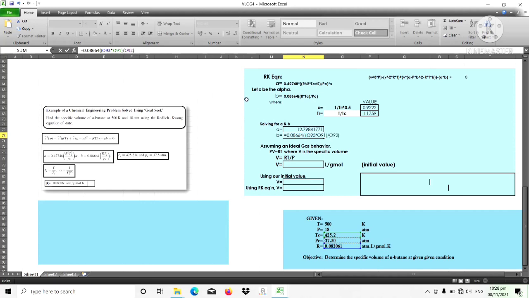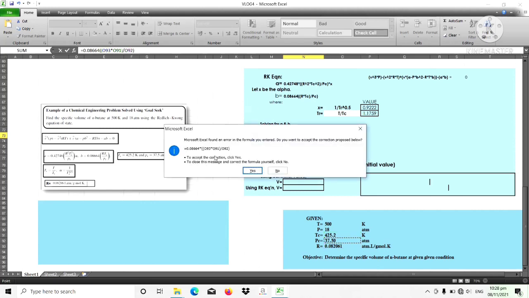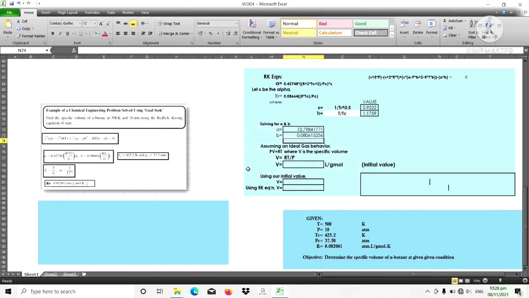Then click enter. So we have the value for B, which is 0.08061526.